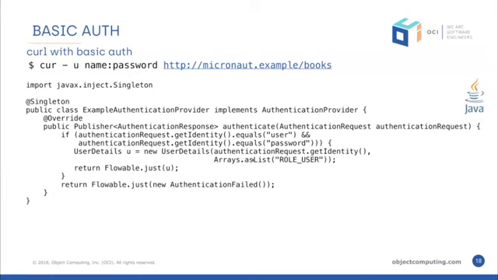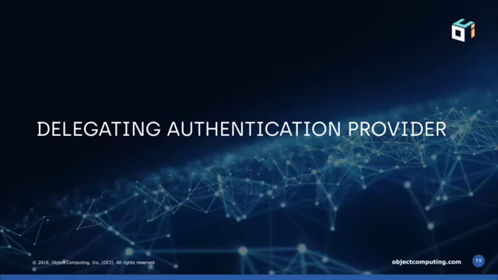So as you see, this implementation doesn't use any database, doesn't use anything like that. So chances are you want to use the following scenario that we have, called the delegating authentication provider. What that means is you don't need to code an authentication provider, but instead you need to supply several beans. And if you supply those beans, this bean is automatically turned on.